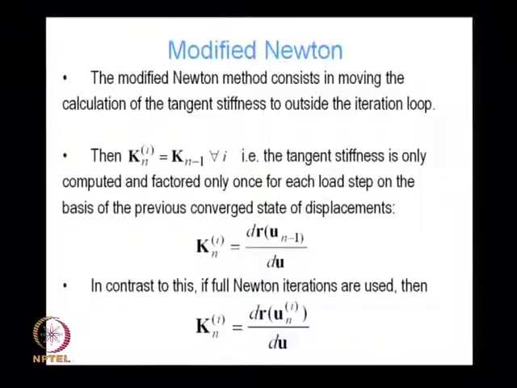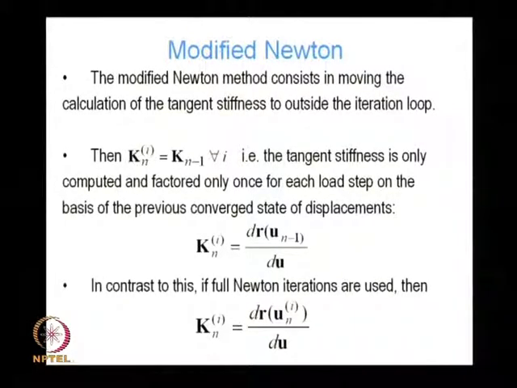So, then k_n at iteration i is equal to k_{n-1} for all i. It remains at the value at the end of the previous converged increment. So, k_n^i for all iterations i is equal to k_{n-1}, that is the tangent stiffness is only computed and factored. What do I mean by factored?